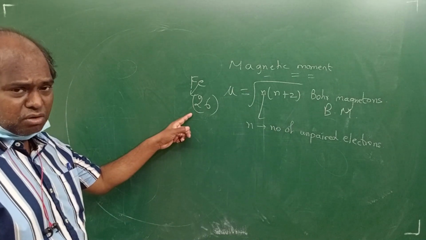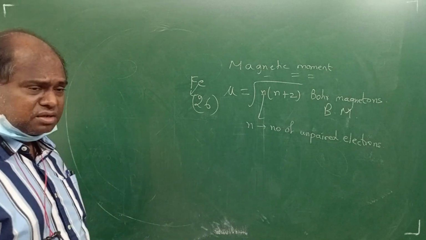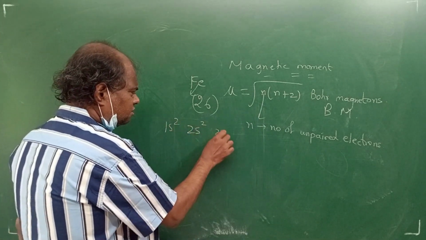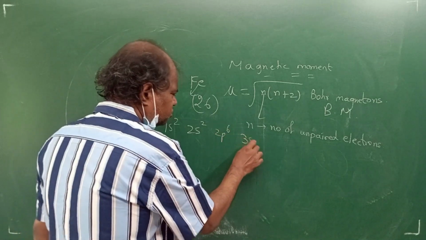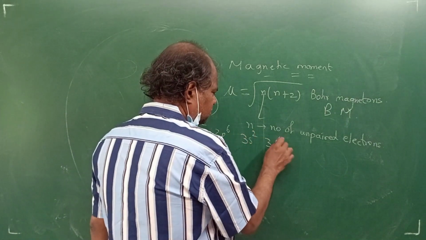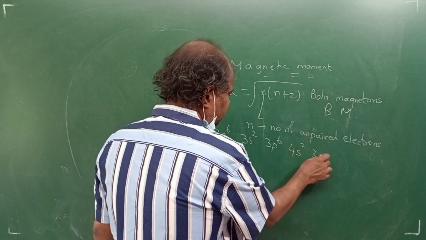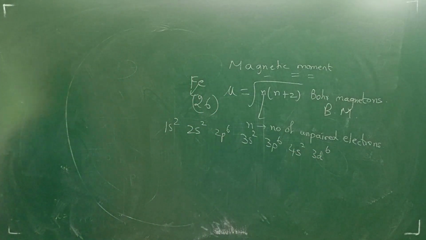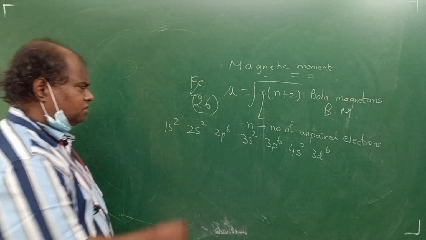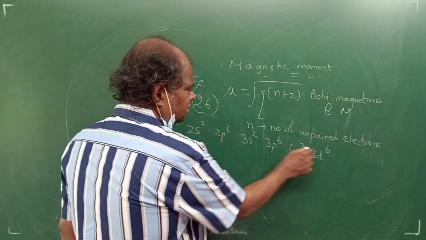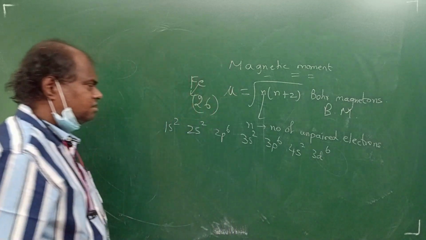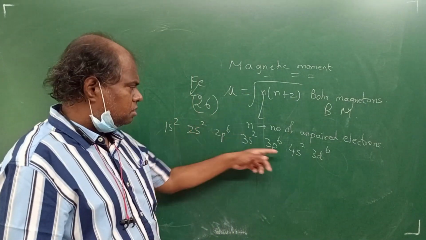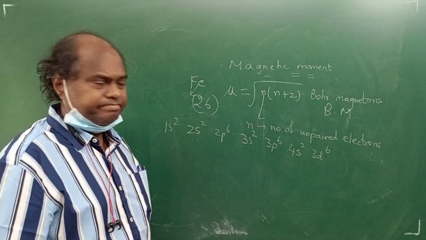Do you remember the atomic number also? Very important, 26, right? So write the electronic configuration now: 1s2, 2s2, 2p6, 3s2, 3p6, 4s2, 3d6. Just check, is it correct? 26 electrons, are they there? 10, 10, 26, right? So you have got 26 electrons, just check it up.